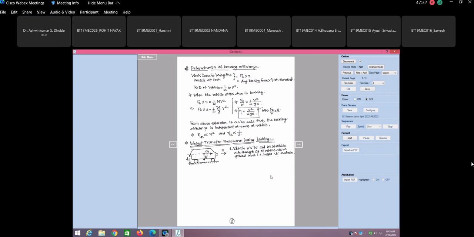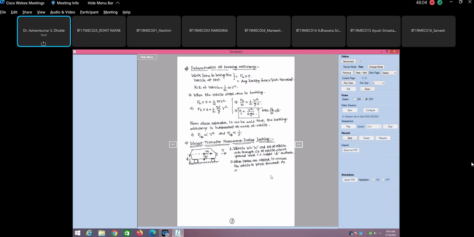This causes the vehicle to pitch forward when brakes are applied. This you must have experienced. So what happened?